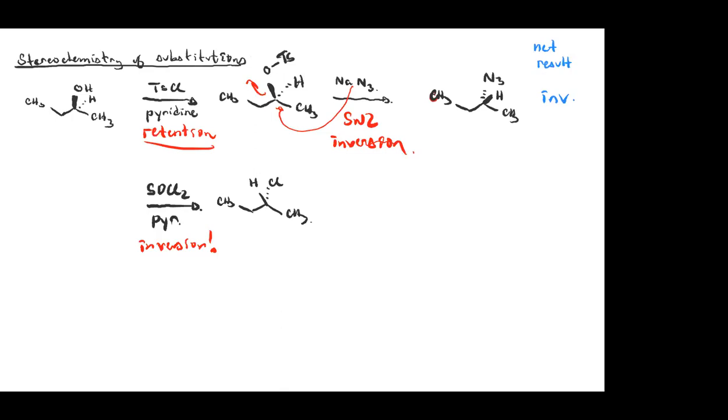Yeah, Caroline. Yeah, so then would we then treat it with NaN3 after that? Yeah, that's where I'm headed. So if we then say, okay, I want to treat this with sodium azide, you can ask what's the stereochemical outcome? So then you'd have inversion again. So in effect, it would be retention as a whole.